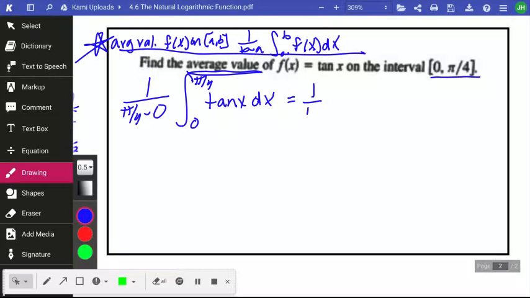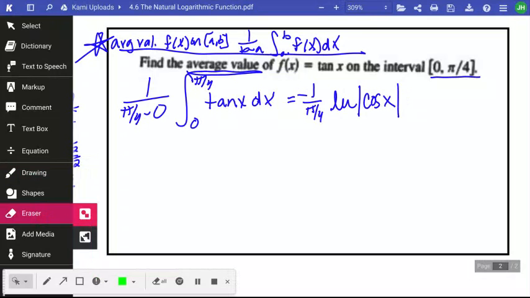So I'm going to keep my fraction here for now. And the antiderivative of tangent x is the one we just found, if you remember that. And that was natural log absolute value, negative. Let's put that negative out front. Cosine x. And we don't need the plus c.